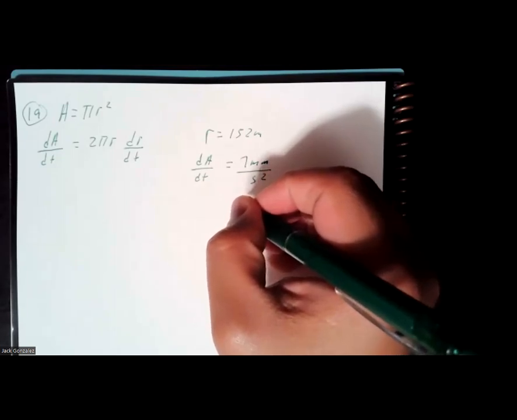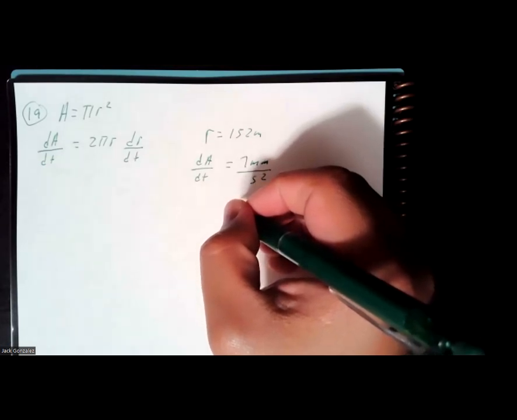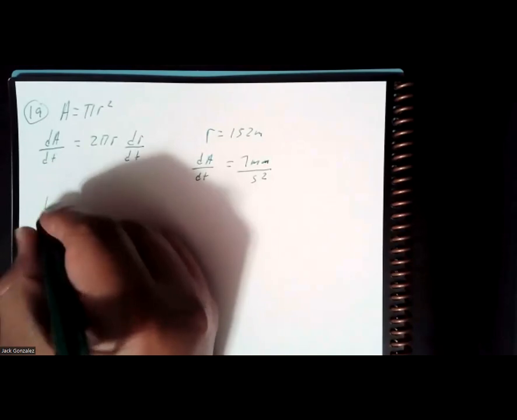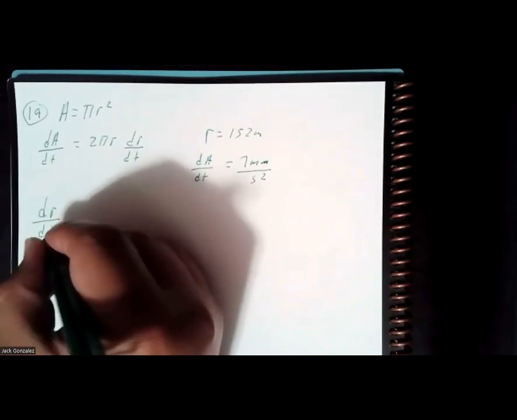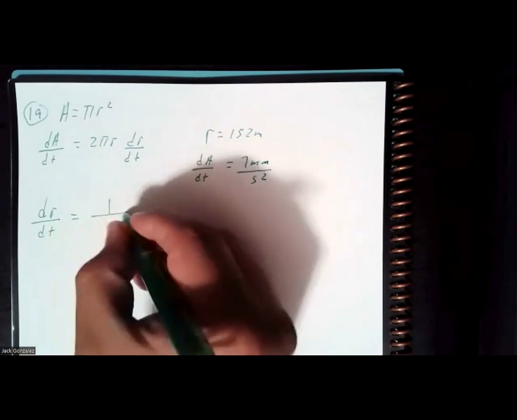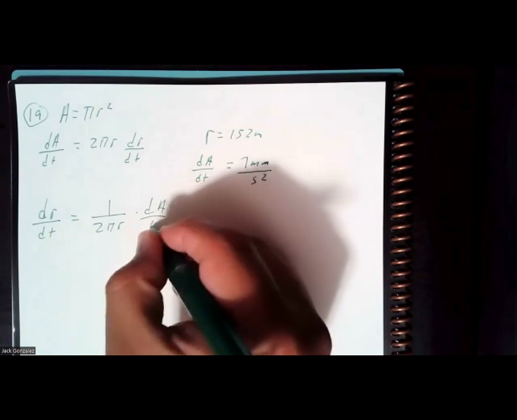Find dr dt, it looks like, right? How fast is the radius expanding? Yes. So if we solve for dr dt, that would simply be equal to 1 over 2 pi r times dA dt.